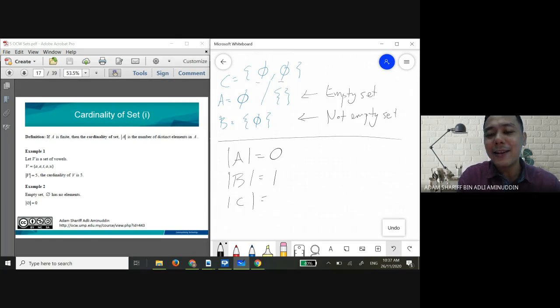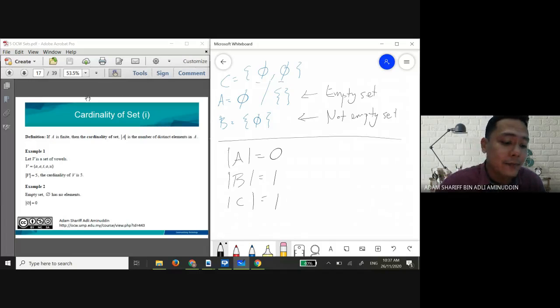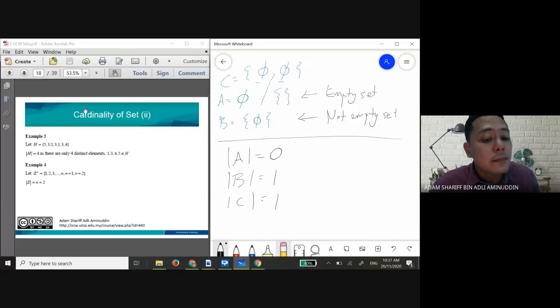Yang ni kalau kau kira, dia ada sama elemen, so dia adalah 1. Because it repeats itself and it's the same, so actually it's 1. Ni menarik, saya tak pernah tanya soalan ni. So banyak budak akan salah kalau saya tanya ni. C contains two elements and the elements are apparently the same, not distinct, therefore the cardinality of C is actually 1. Alright.